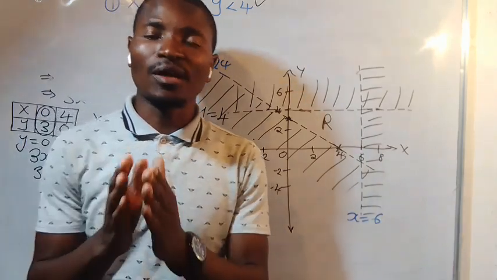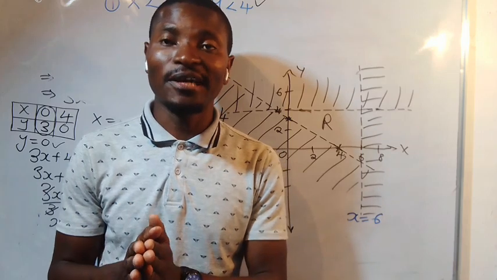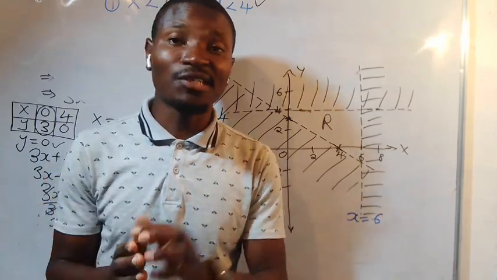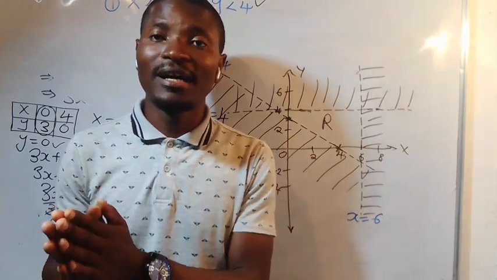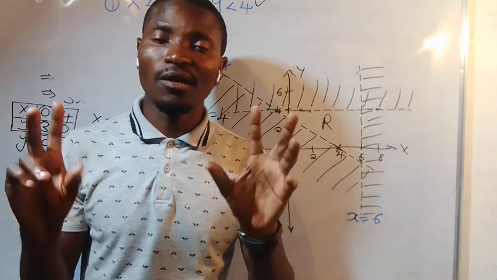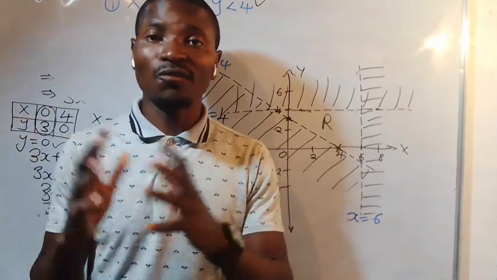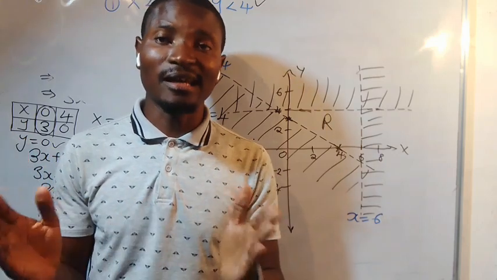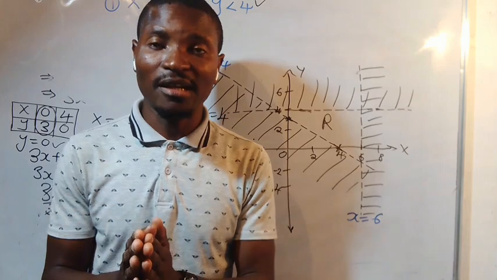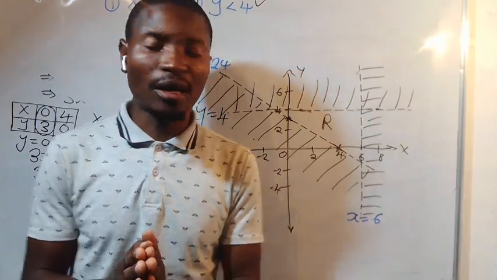In the next final video, we'll be looking at the maximum profit. For example, how many sweets will John or Joseph need in order to maximize his profit. Linear programming is a mathematical model that is used in most of the businesses and companies that we see around us.